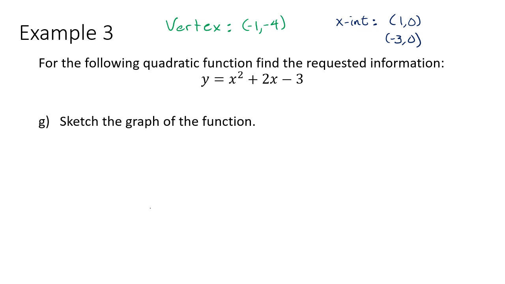Last but not least, we want to sketch the graph of the function. All right, so starting with the vertex, -1, -4. Let's get my center point. I want one smaller than -1 to the left, so -2 would be a good choice. And one bigger, so 0 would be a good choice. Not the only things you have to use. So now to figure out the y values, I'm going to plug them back in.